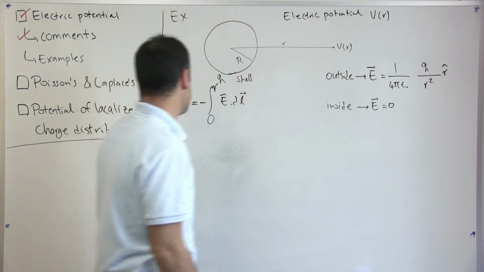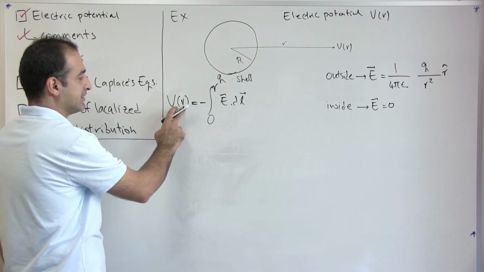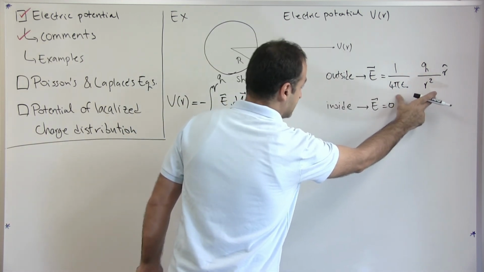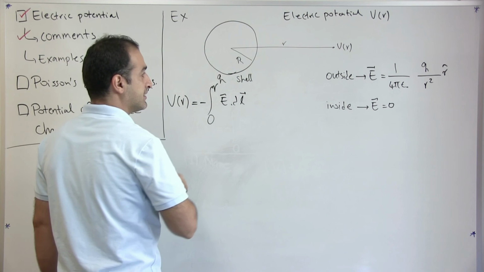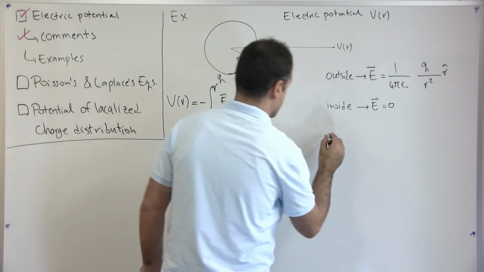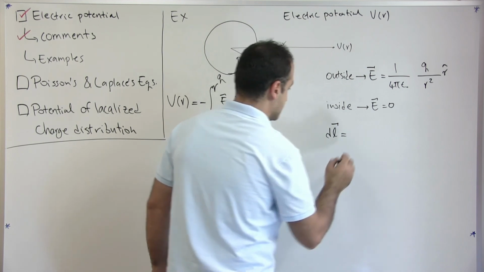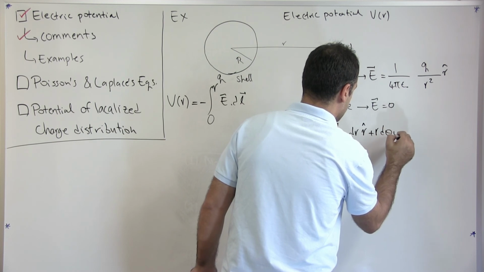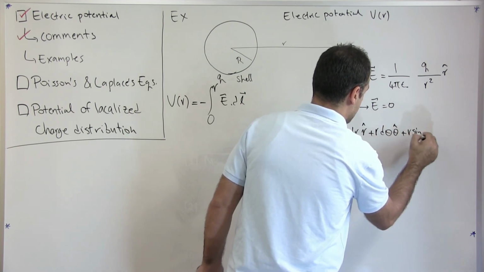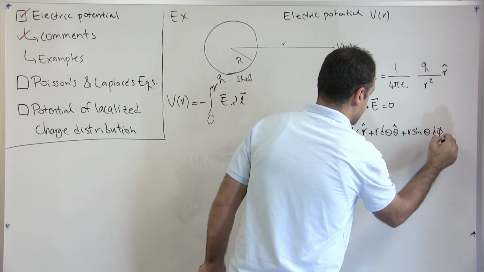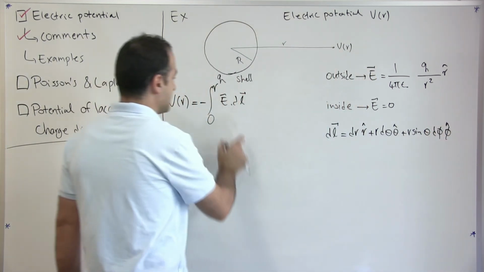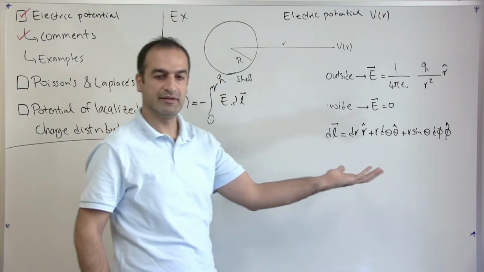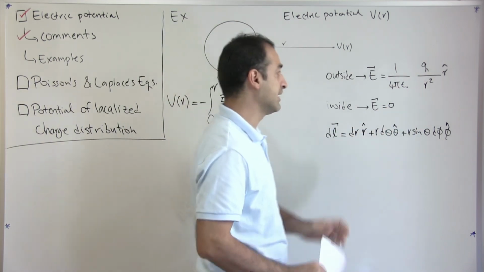Okay. So now, if we are outside, R is always greater than the radius of the sphere, we can calculate this electric field. E dot dl, you can imagine that dl for a spherical coordinate is dr times r hat plus r d theta, theta hat plus r sine theta d phi, phi hat. And if we do the dot product, you can imagine that the second and third components here are irrelevant because E is only in the r hat direction.